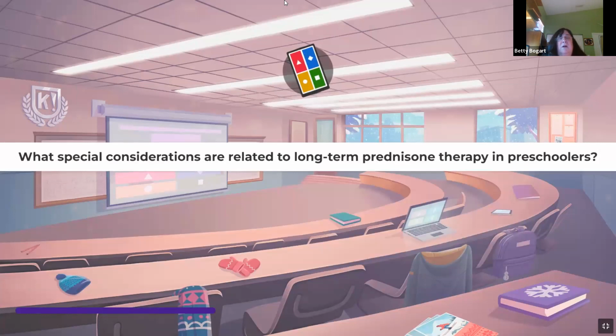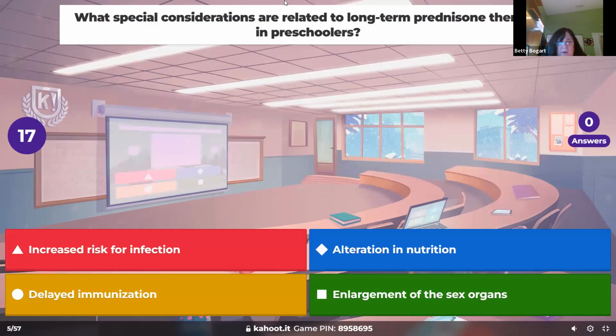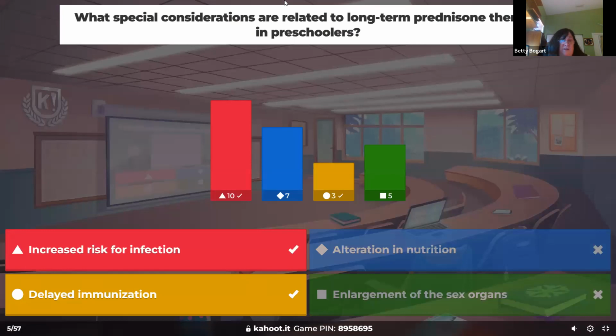Another multi. What special considerations are related to long-term prednisone therapy in preschoolers? What does prednisone do to you, right? I think the one thing that's not been mentioned here, it does cause elevated blood sugars.